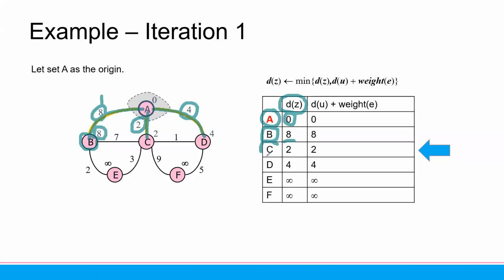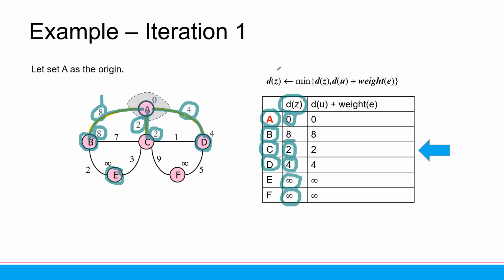What about A to C? The distance is 2. So I put 2 here to represent the d(z). What about D? I have 4, so I put this as 4. What about E? Because there is no direct edge, let's just make it infinite at this moment.